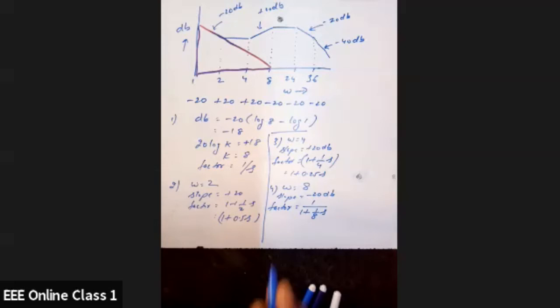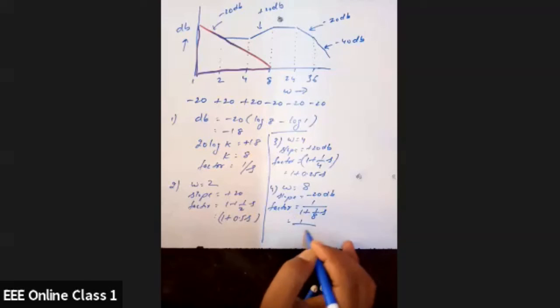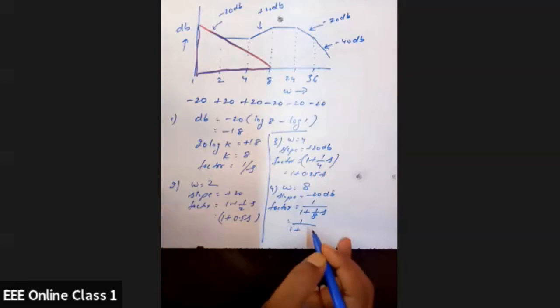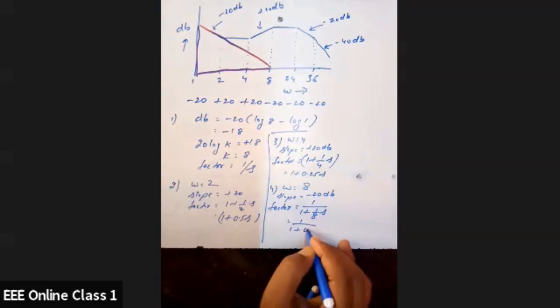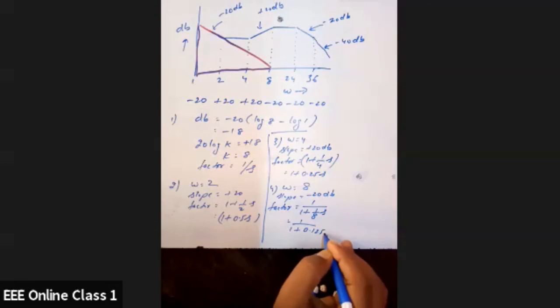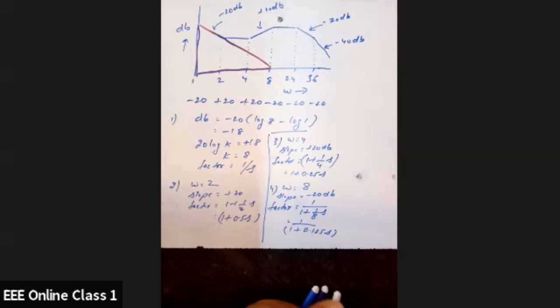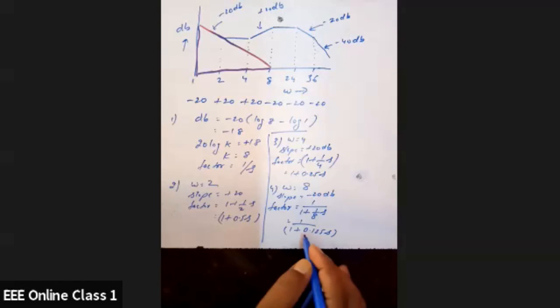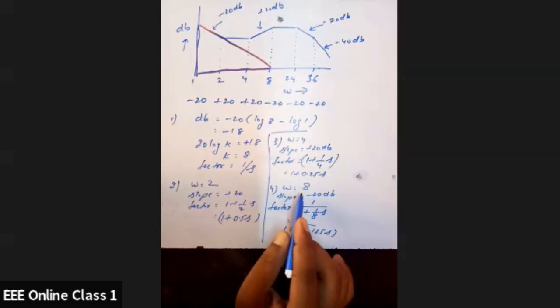So this becomes 1 by 1 plus 0.125 s. This is the factor at omega equal to 8.